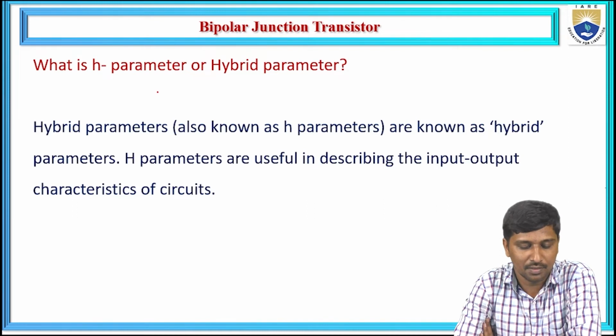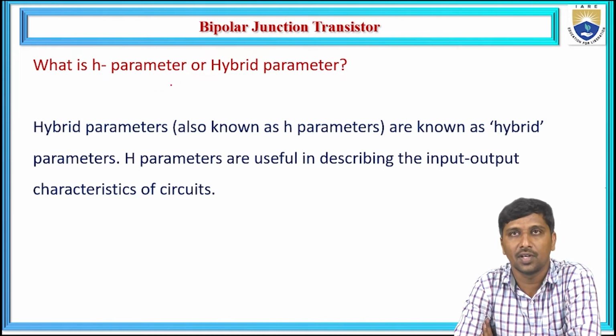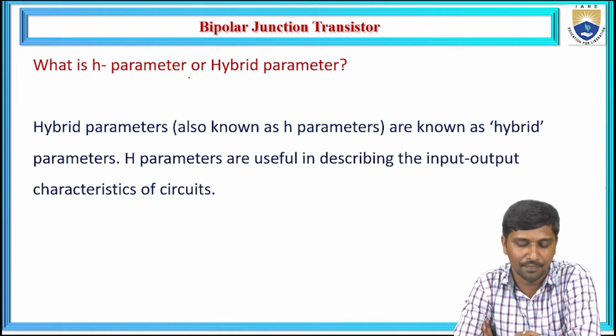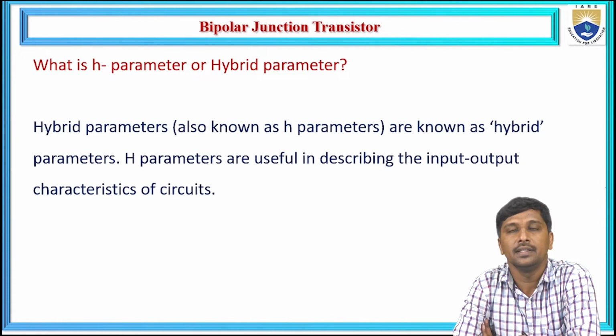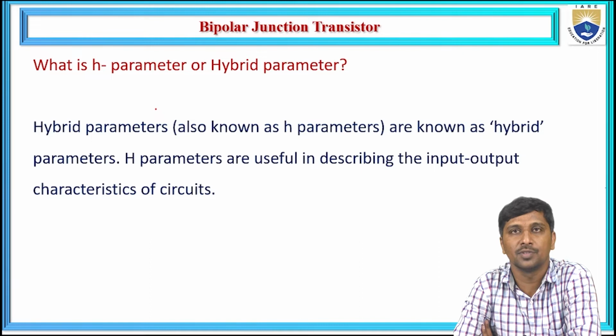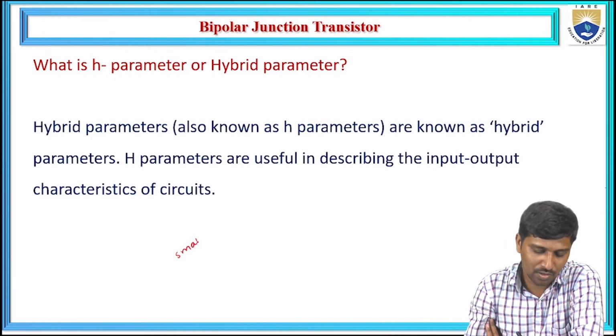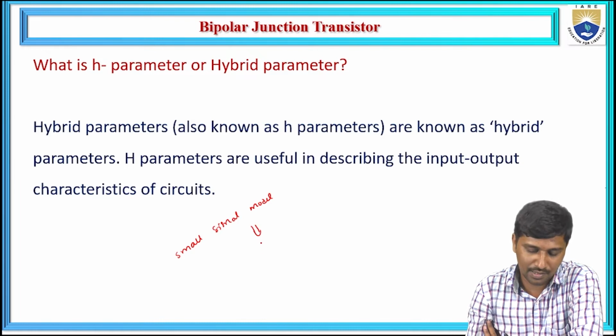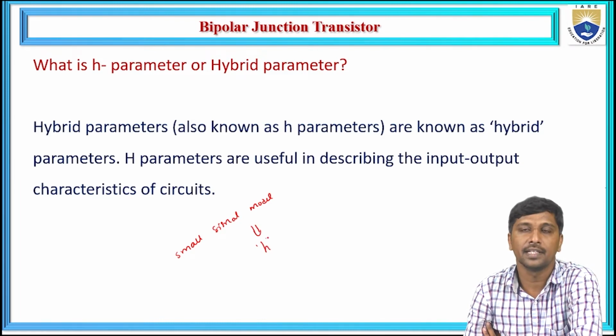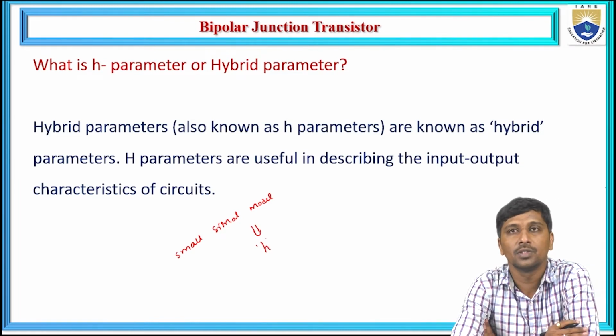Now the third one is, what is the H parameter or hybrid parameter? In a bipolar junction transistor, the analysis of the amplifier is done by using the small signal model or small signal analysis, which is based on the H parameters.